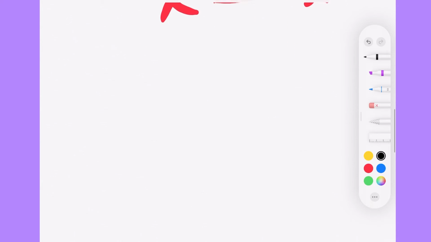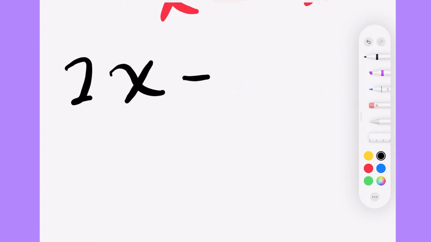And now it's your turn to solve this equation. 2x minus 5 equals 5.